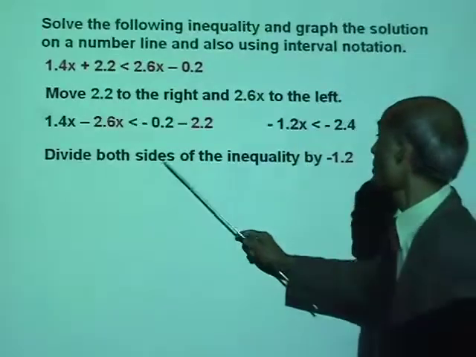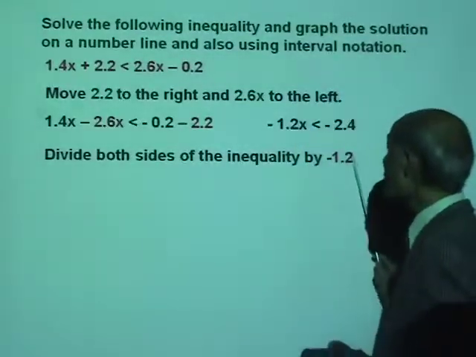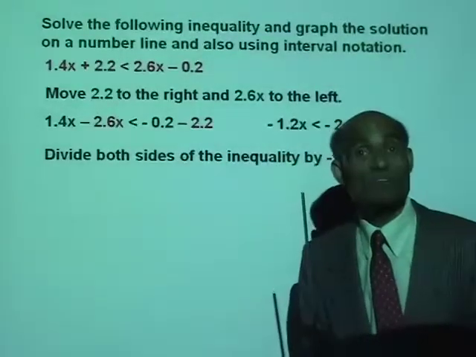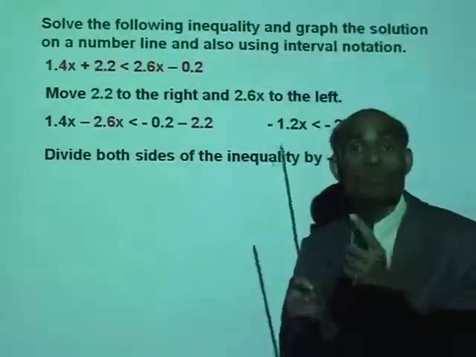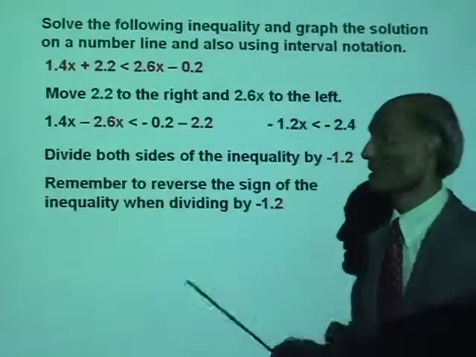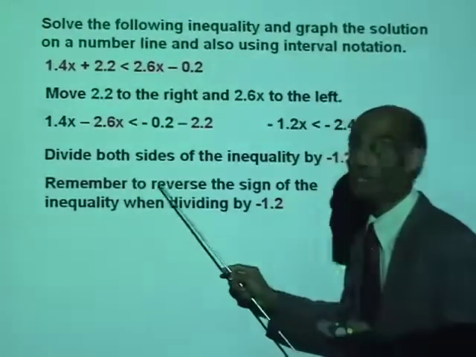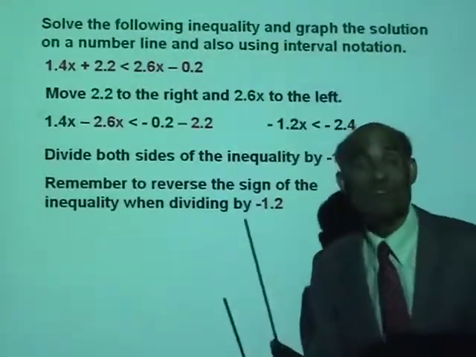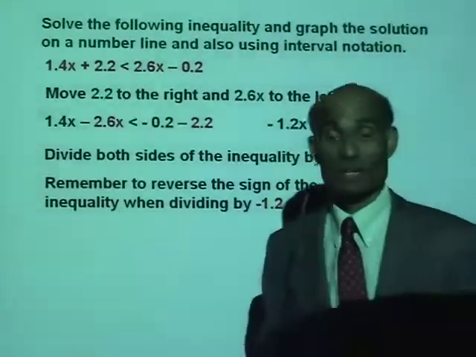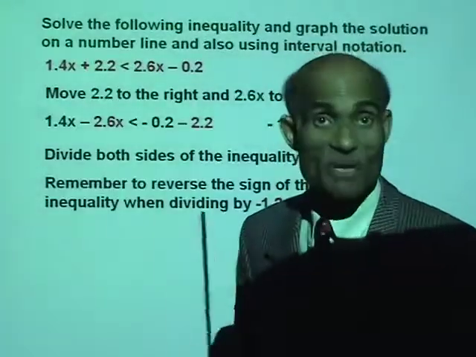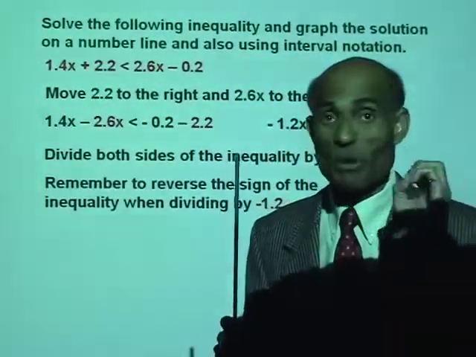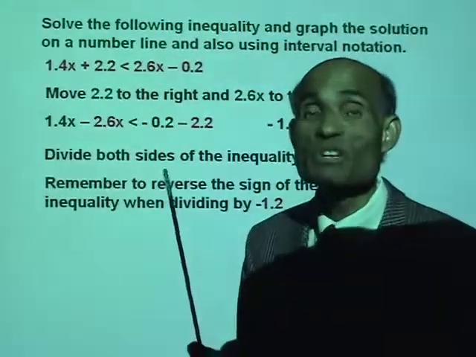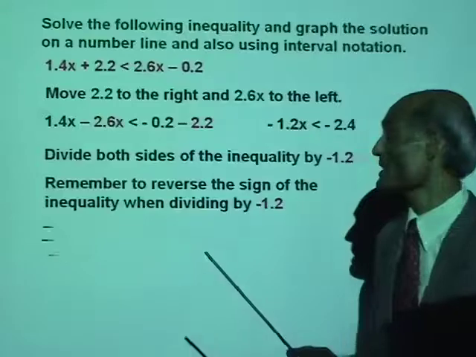So, divide both sides by negative 1.2. When you divide by a negative number, you must reverse the inequality. Remember to reverse the sign of the inequality when you divide by a negative number. When you divide by a positive number, there is no problem. But when you divide by a negative number, you must reverse the sign of the inequality.